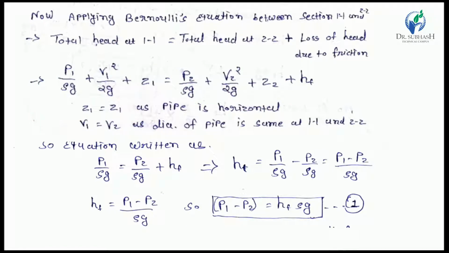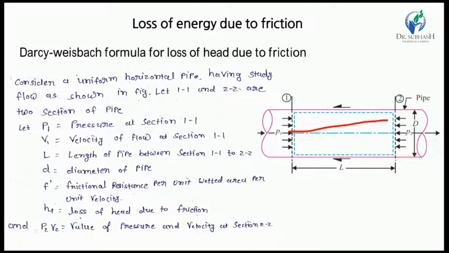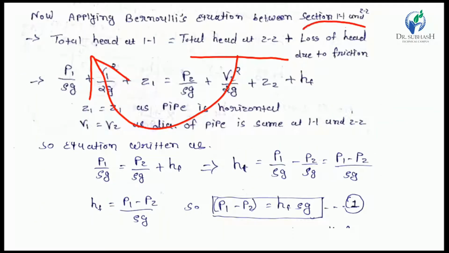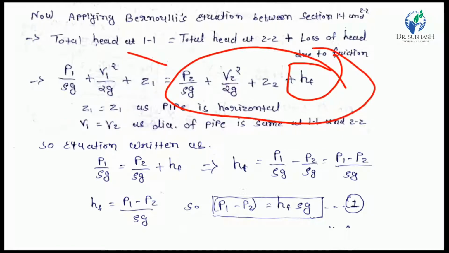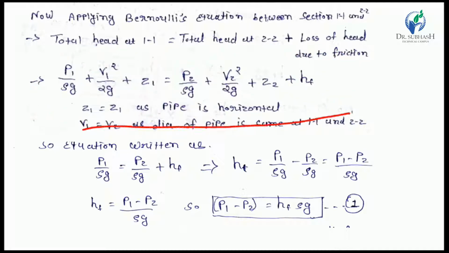But here the total energy at section 2 is less than at section 1, because when the fluid is flowing from section 1 to section 2, some resistance is there due to friction and energy is lost in friction. So the loss of head due to friction is added to section 2 to compare the total energy at both sections.